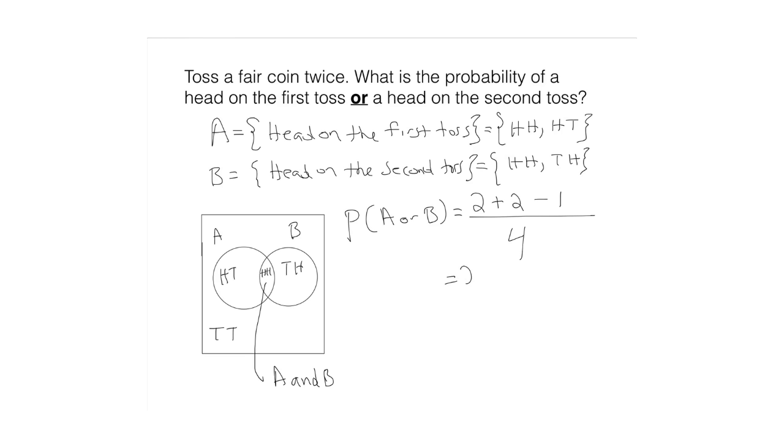Well, that's just equal to 2 over 4 plus 2 over 4 minus 1 over 4. And that's the same as the probability of A plus the probability of B minus the probability of A and B. And this is known as the addition rule.